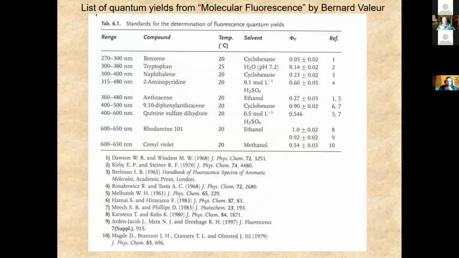Now, I think it's interesting to look at quantum yields for different compounds, and here's a list from Bernard Valeur's excellent book, Molecular Fluorescence. We can see some, like benzene, are pretty low, and we go to tryptophan, anthracene, quinine sulfate, a popular standard, up to rhodamine, which has a quantum yield of 1, so it's perfectly efficient.